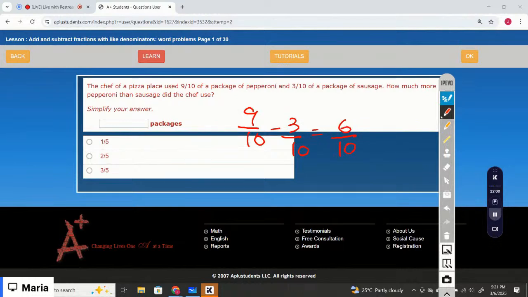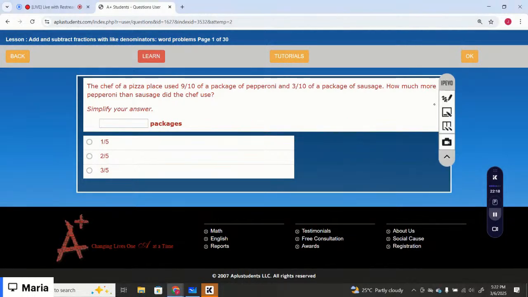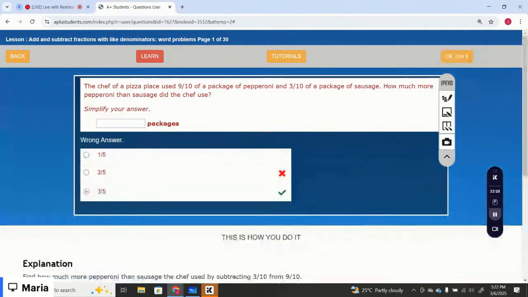That is 6 over 10. That equals 2 over 5. Option number 2 is the correct option. That is 2 by 5.